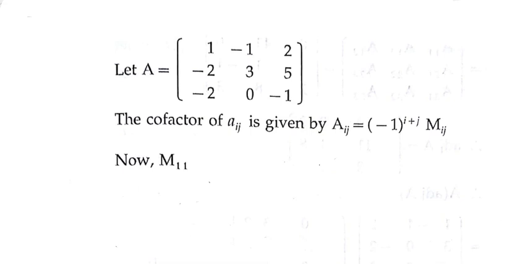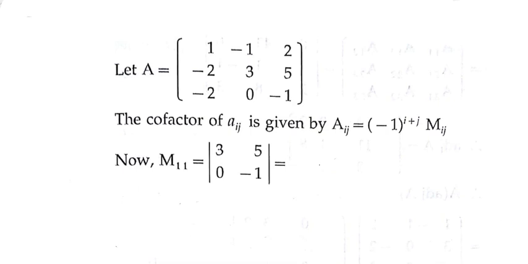Once you delete the first row and first column, the remaining elements are 3, 5, 0, minus 1. So we write minor M11 is equal to the determinant 3, 5, 0, minus 1. Now it is a 2 by 2 determinant, and everyone knows how to expand a 2 by 2 determinant.